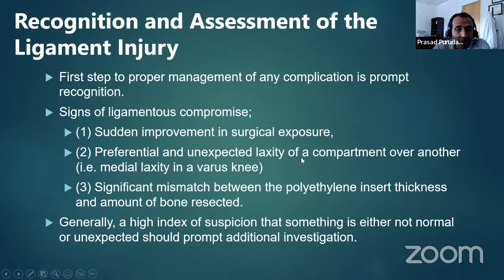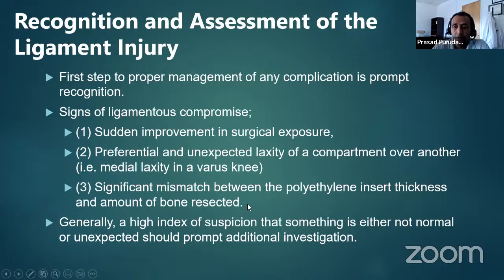Number two, preferential and unexpected laxity of a compartment as compared to the other compartment. Like in a varus knee, the medial side is supposed to be tighter than the lateral side. If we find that the medial side is opening up more than the lateral side, then that's definitely an indication that there is injury to the MCL. Number three, there is a significant mismatch between the polyethylene insert thickness and the amount of bone resected.